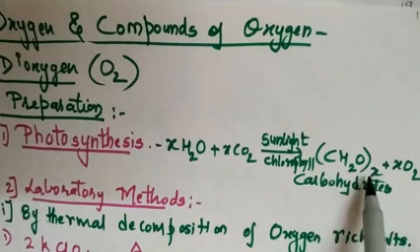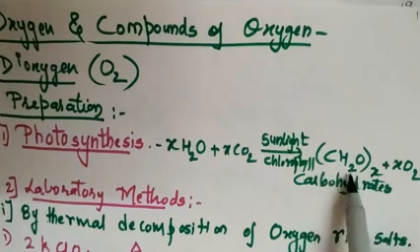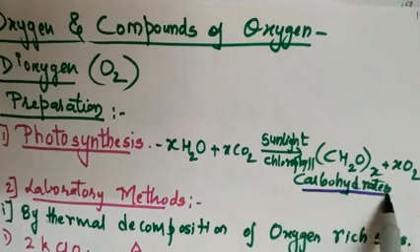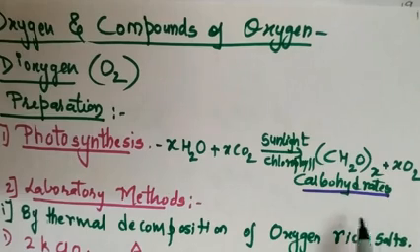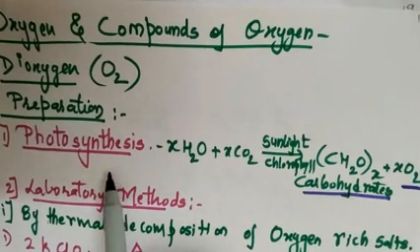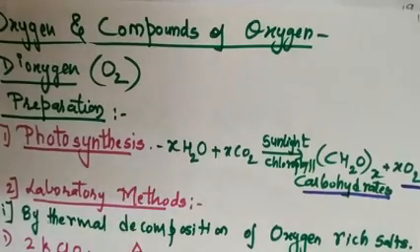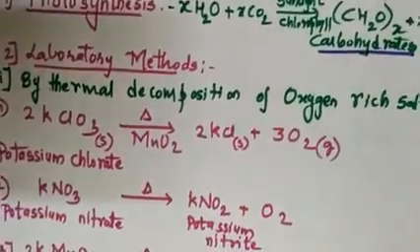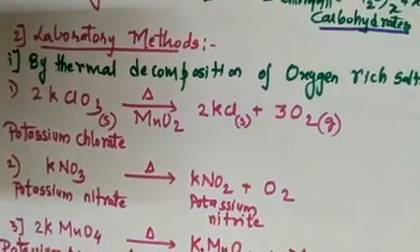CxH2xOx is nothing but carbohydrate. The general formula of carbohydrate is given here. So in the atmosphere we get oxygen from the process known as photosynthesis. Everybody knows it.